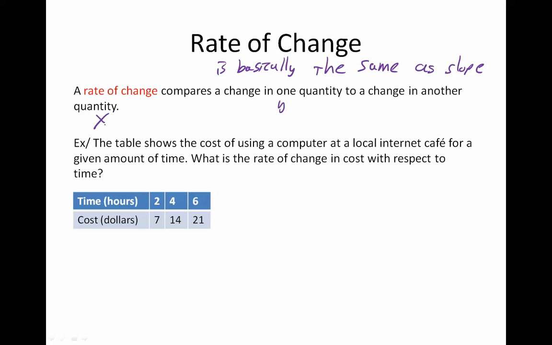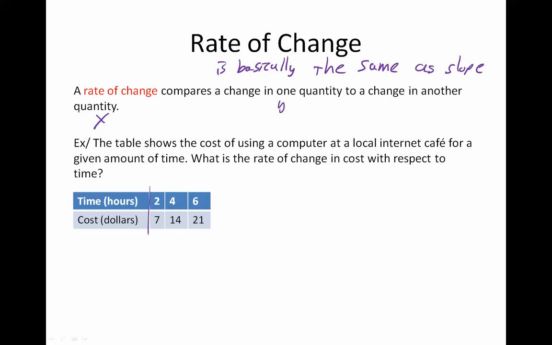All right. So speaking of, here's an example. The table below shows the cost of using a computer at a local internet cafe for a given amount of time. What is the rate of change in cost with respect to time? So I can look at the amount of time that's gone by versus the cost, and I can determine a rate of change.